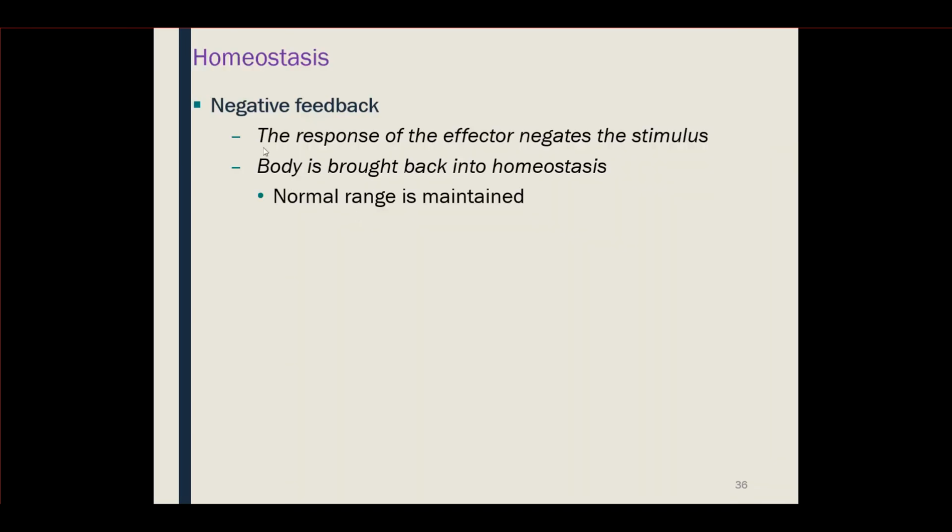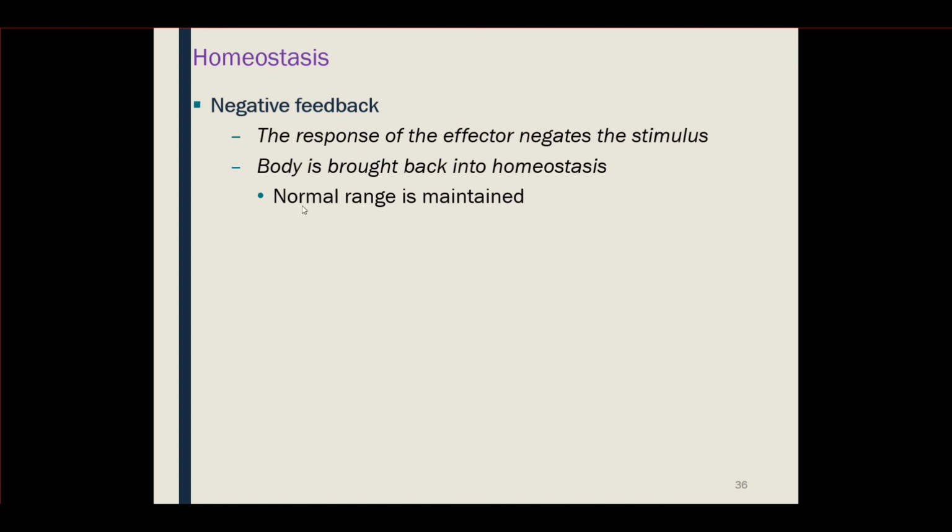This is the response of the effector that negates the stimulus, or if you want to put over the word negates, put down reverses the stimulus. Whatever the change was, the stimulus, we're going to reverse it. So the response of an effector reverses the stimulus, and the body is brought back into homeostasis.